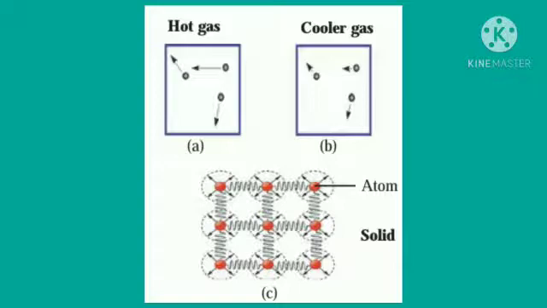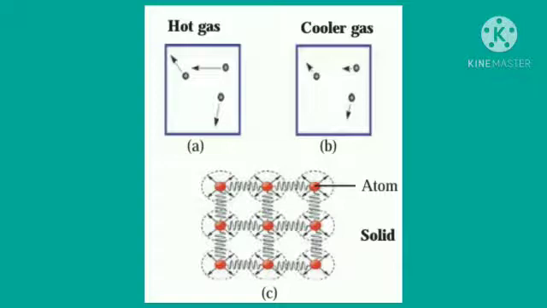The total kinetic energy of the atoms in a substance is a measure of the heat contained in that substance, while the temperature of a substance is related to the average kinetic energy of atoms. If the average kinetic energy of atoms in two objects is equal, then their temperature will also be equal.